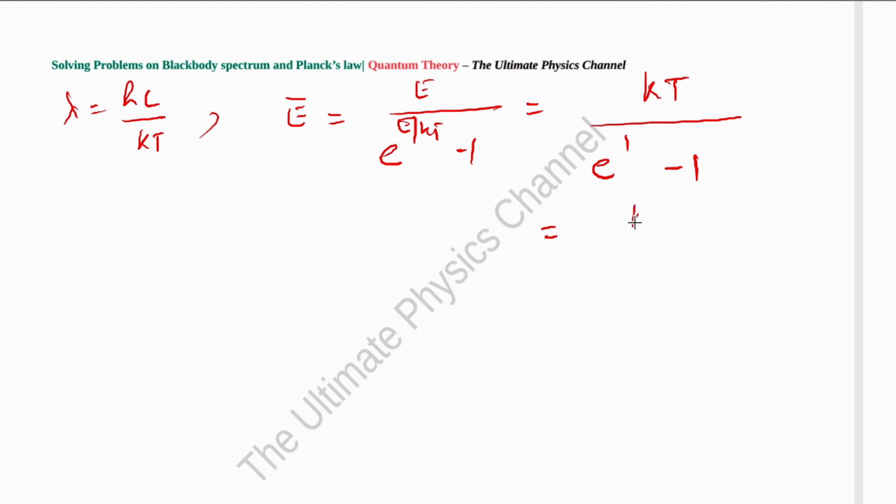This would be kT over 2.718 minus 1, so kT over 1.718, which would be 0.582 kT.